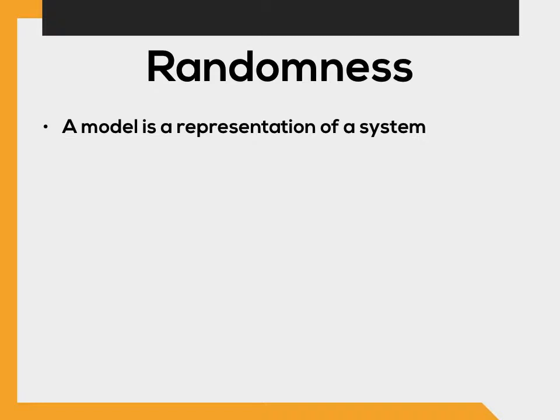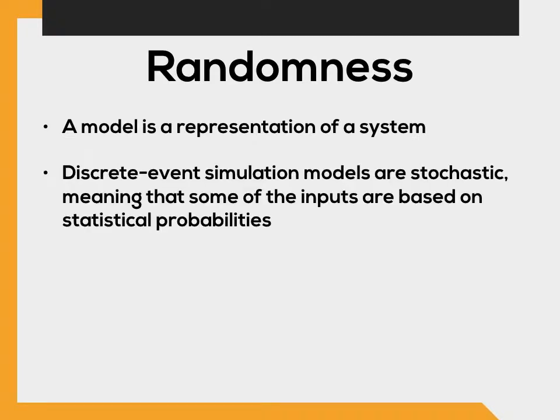So we're looking at the inputs and the outputs of a system, and randomness really here is looking at the inputs of the system. You may have read as you look through the resources for the week that discrete event simulation models are stochastic. This simply means that some of the inputs are based on statistical probabilities.